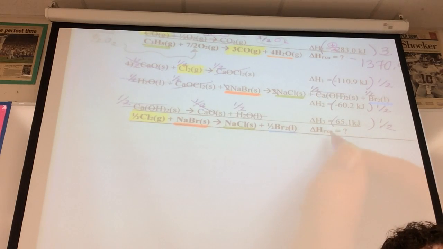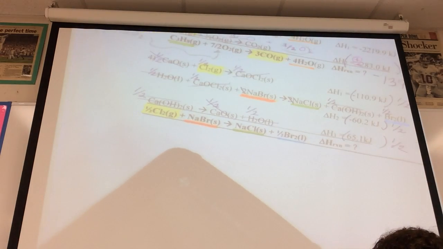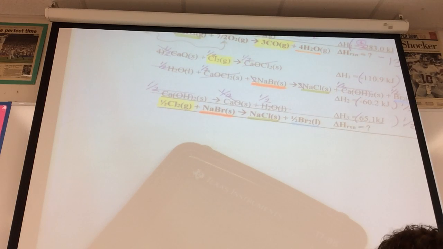And how do we get the delta H of the reaction? Add them up. So you've got negative 110.9 times a half plus negative 60.2 times a half plus 65.1 times a half.